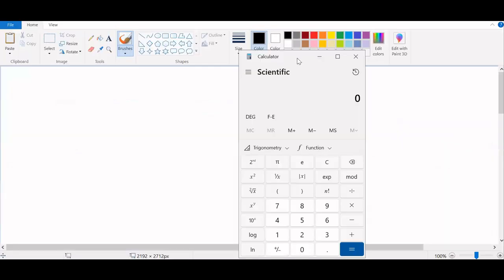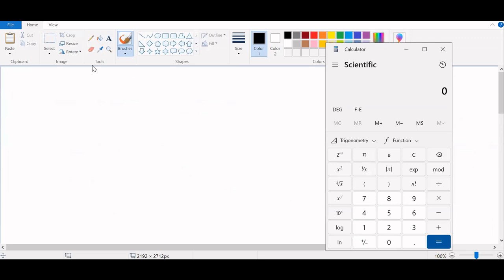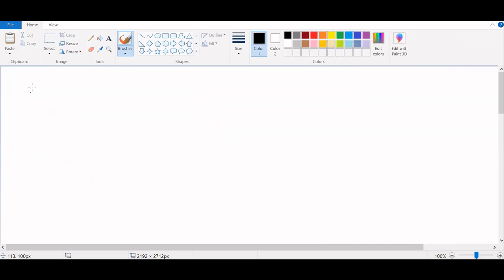So I have my calculator pulled up here, and we are going to perform a calculation with a fraction with several operations in both the numerator and denominator. So let's say we do 2 by 5 plus 6.